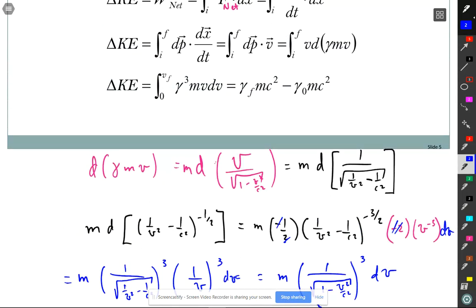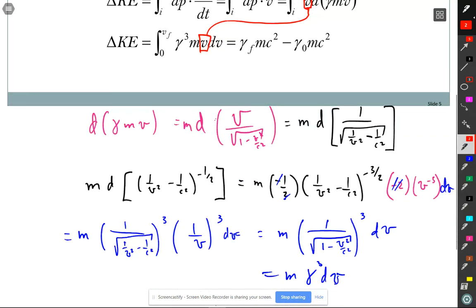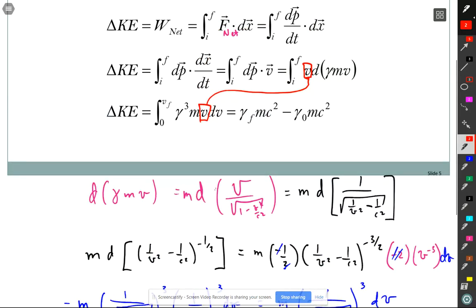So there we have the gamma cubed m. Where's that v come from? That's this one. That was out front. I wasn't dealing with that. So we have gamma cubed mv dv, and then we do the integral of that beast.